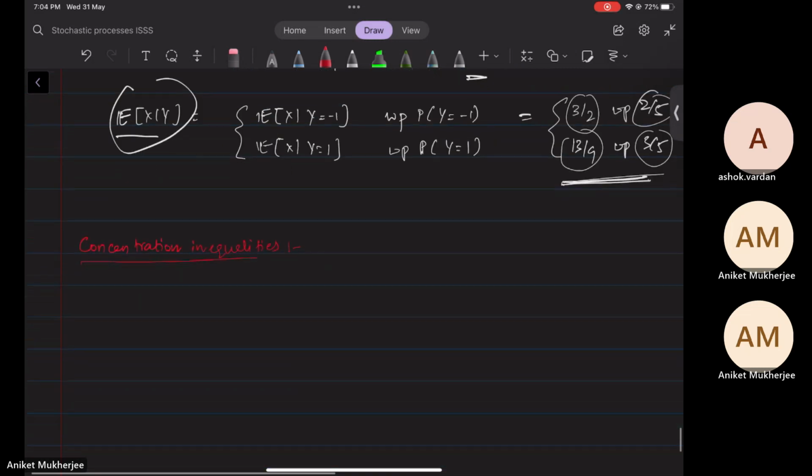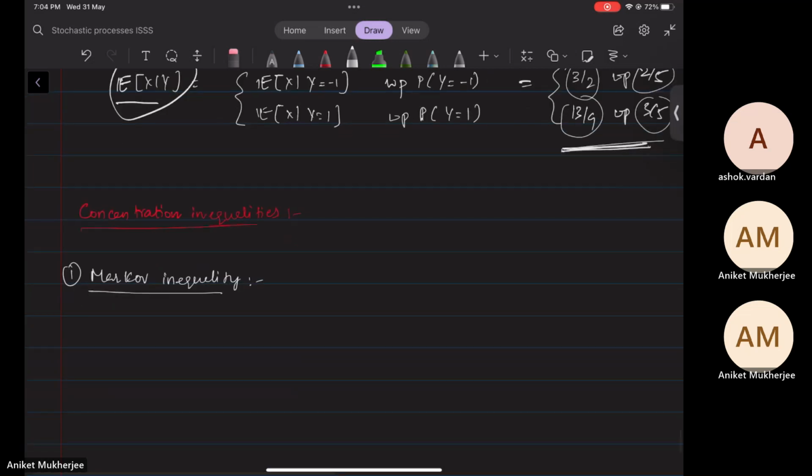Yeah, so the first concentration inequality is Markov inequality. Okay, so for x a non-negative random variable, we have the Markov inequality: probability x greater than or equal to epsilon is less than or equal to expectation of x by epsilon.